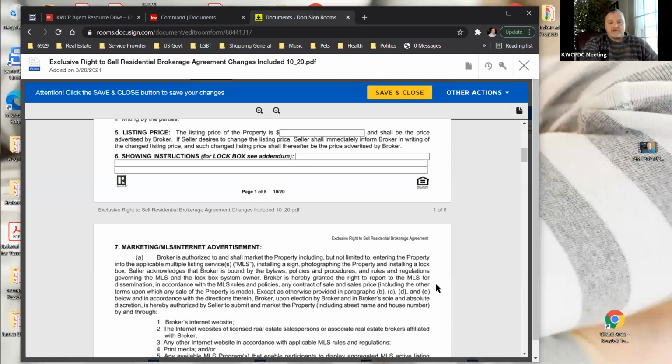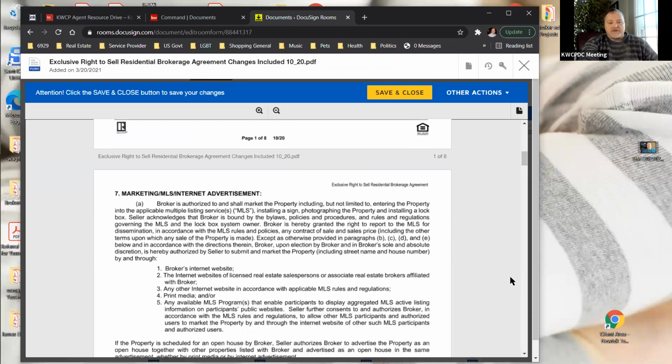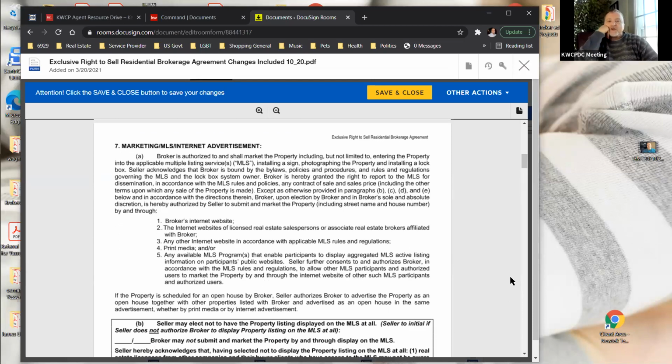All right. Moving along to paragraph 7. Broker is authorized to and shall market the property, including but not limited to entering the property into the applicable multiple listing service, installing a sign, photographing the property, and installing a lockbox.